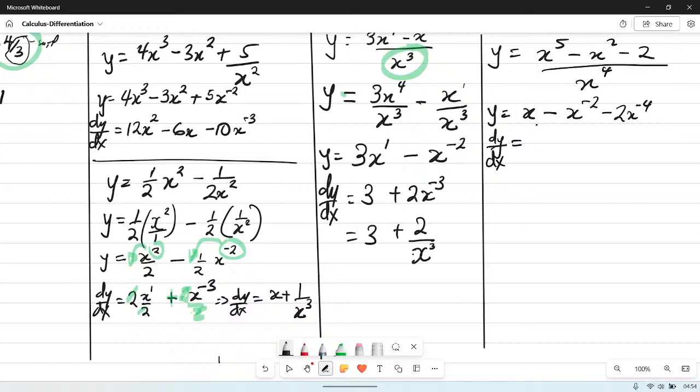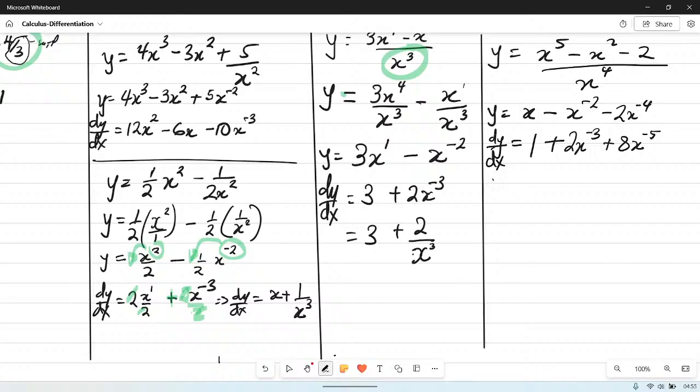When you differentiate x, what will you get? You get 1, because the 1 here comes to multiply, and you get 1. x to the power 1 minus 1. 1 plus... very good.